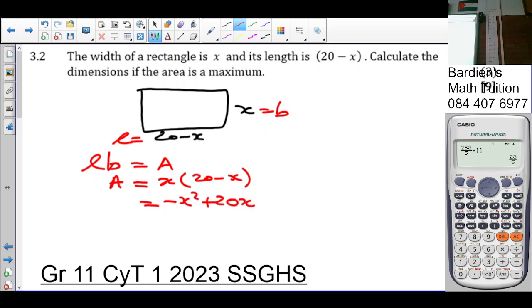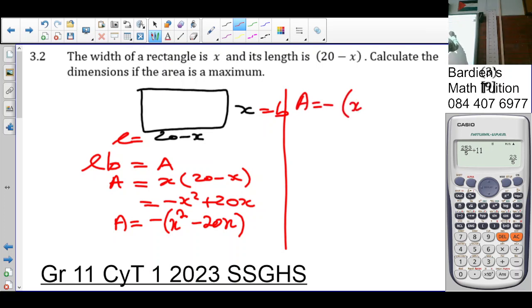Okay. So what we do with this is now we're going to complete the square. So A is equal to minus x squared plus 20x, so we go A is equal to minus (x squared minus 20x plus a number) minus that same number. And what's the number in this case?